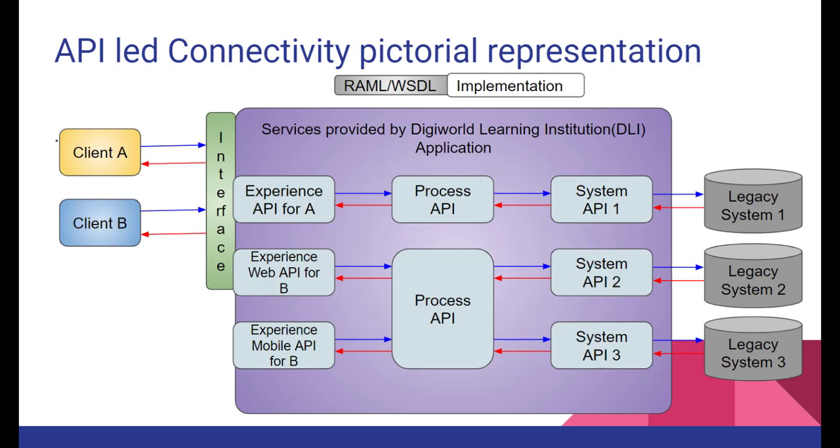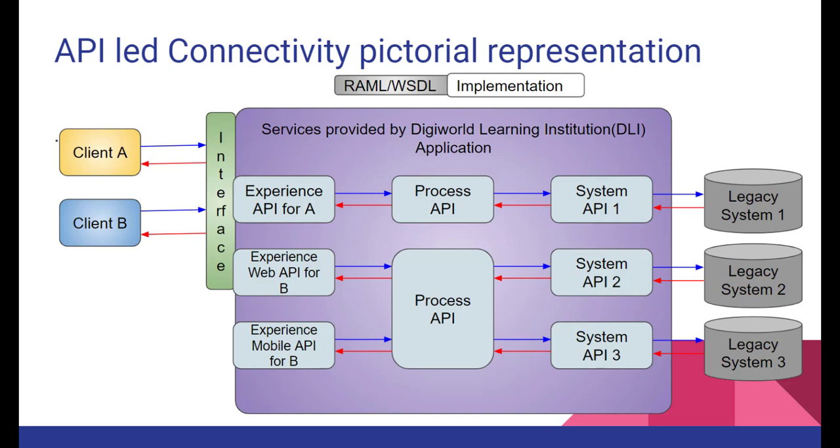You just need to add the system API for interacting with that particular legacy system, and by doing that you would be able to access the data from the legacy system too, right? So that is how we see the way of implementation of the API led connectivity.